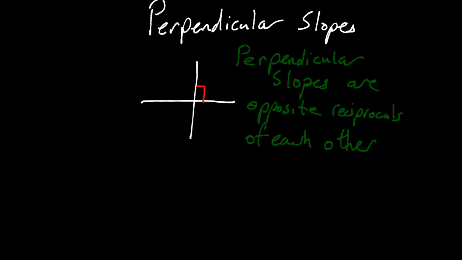So if we had, let's say, 2/3, the reciprocal would be 3/2. We just took that fraction and we flipped it. We took the inverse of it. So, opposite reciprocals. Let's get a better picture here. I've got this line.